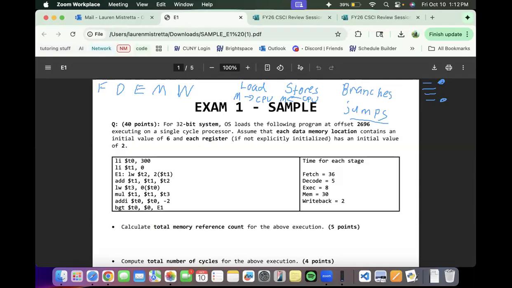You're probably very familiar with the label X by now. If this line of code is labeled with an X, and I say jump to X, it's saying skip over these two lines and go straight to the line labeled with the X. So jumps are always going to jump to that position.